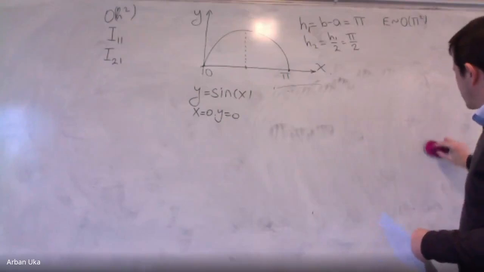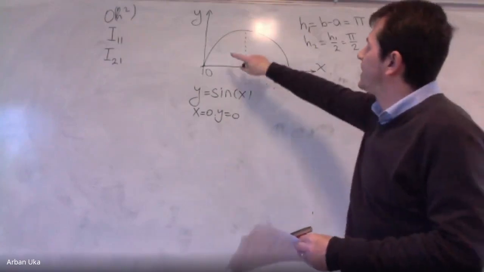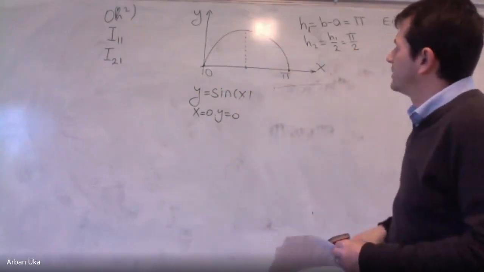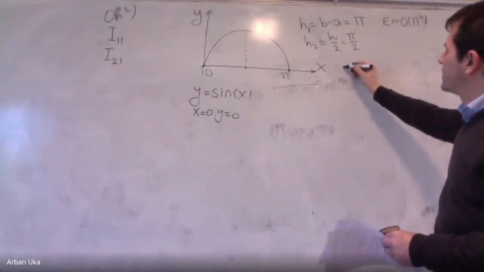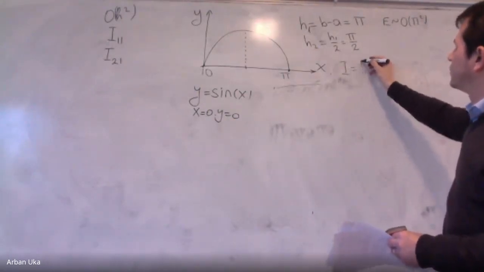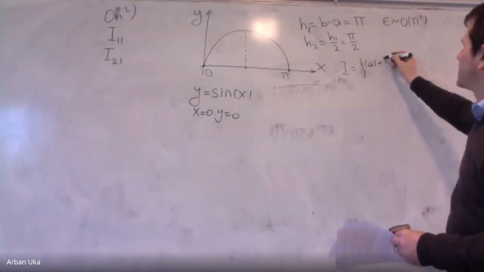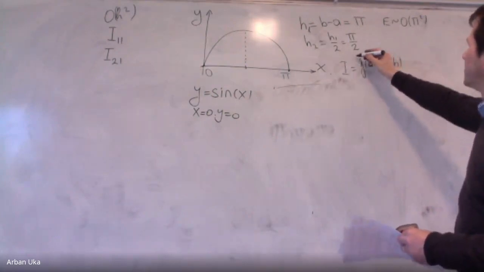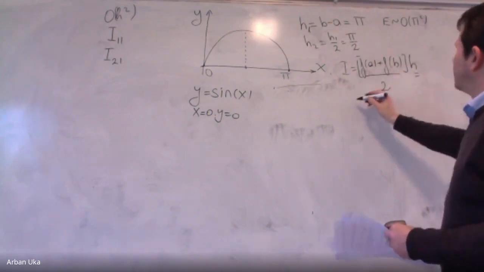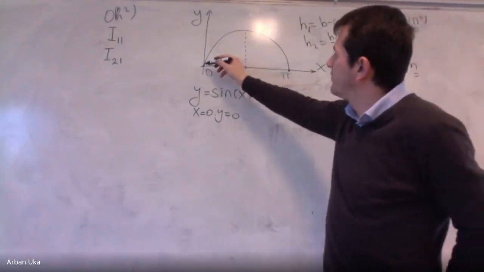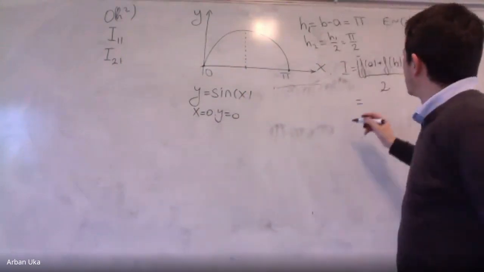If we use the trapezoid technique and we want to find the integral of this sine, we know the trapezoid technique: the integral is equal to f of a plus f of b times h divided by 2, right? Now, if the endpoints are 0 and pi, what is this?